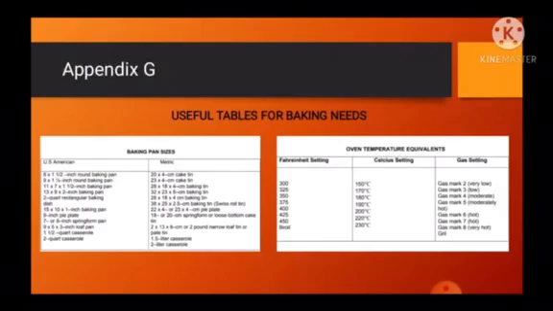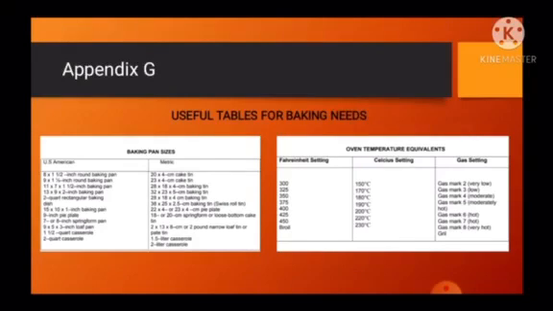For baking pan, there are 3 sizes: 11 by 7 by 1 1/2 inch, 13 by 9 by 2 inch, and 15 by 10 by 1 inch.